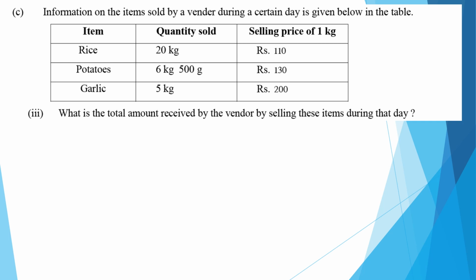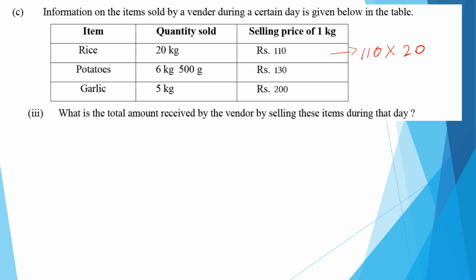The items and the quantities that have been sold are mentioned in this table, right? So we will add those prices here. In this case we can easily get the price from this one. Price of this rice, you can take it like this. We have to multiply 110 by 20, and you can easily get this one.